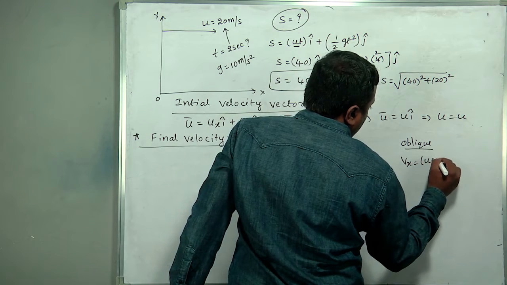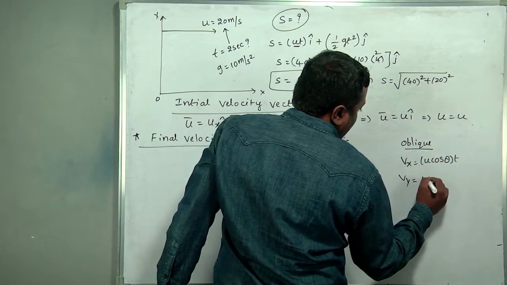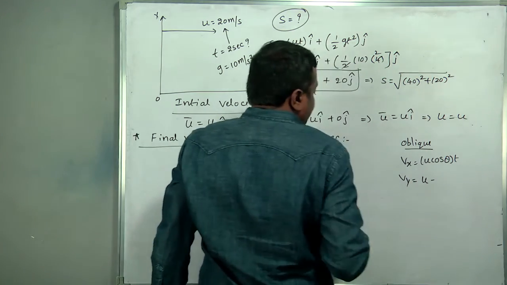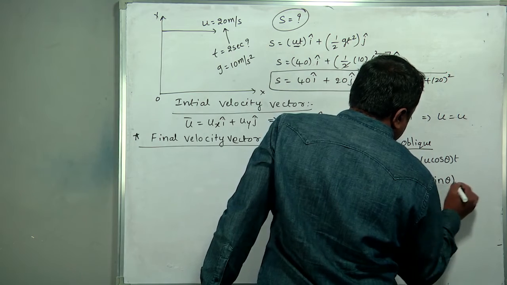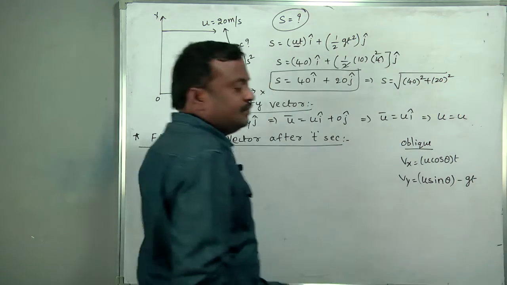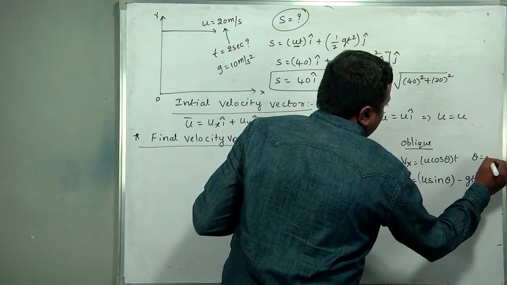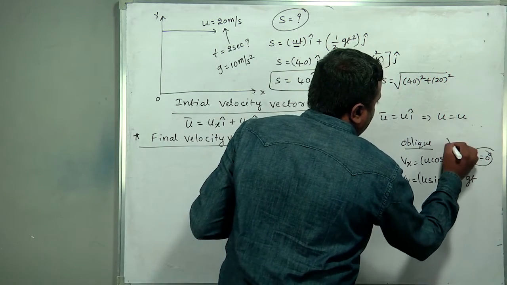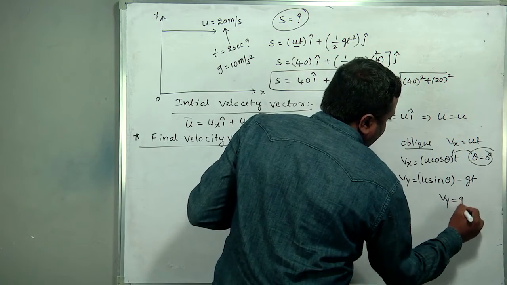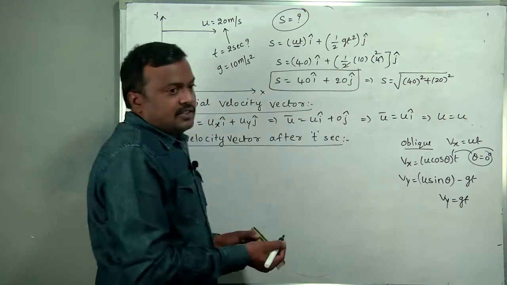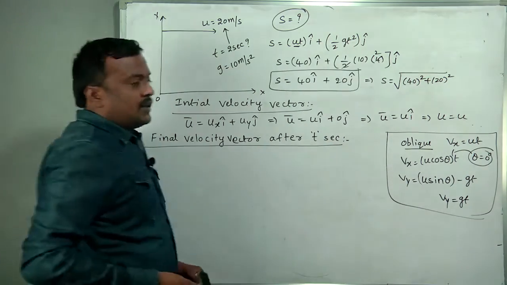Vx equal to u cos theta, Vy equal to u sin theta minus g t. We got that. There substitute theta equal to 0 degree. Then what do we get? First term Vx equal to u, this one Vy equal to g t, because gravity is taken as positive here. Okay, this is the shortcut method.